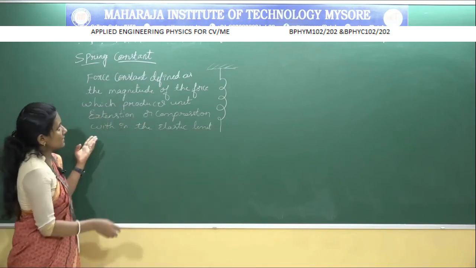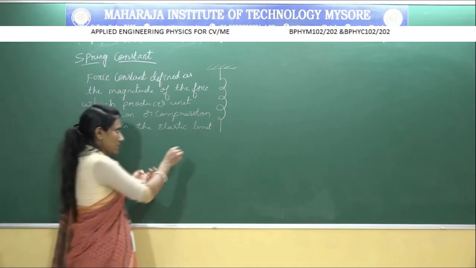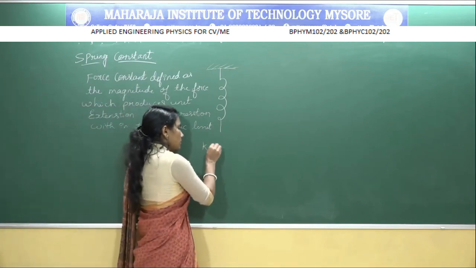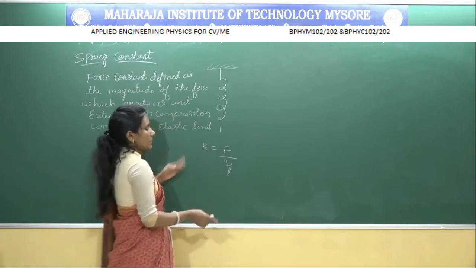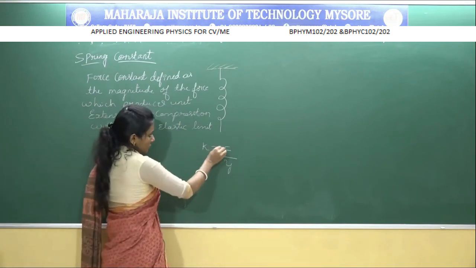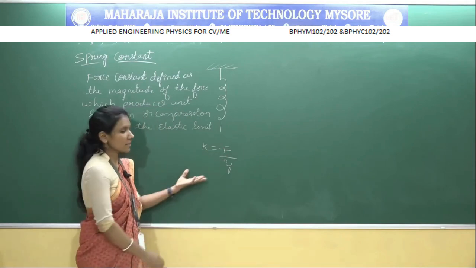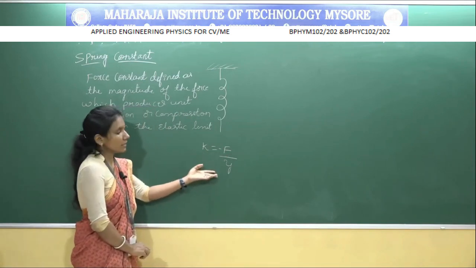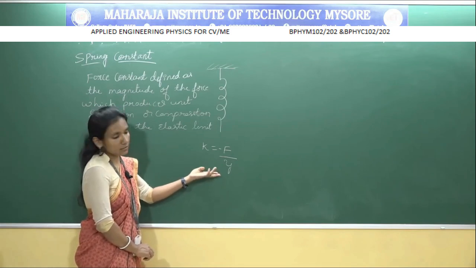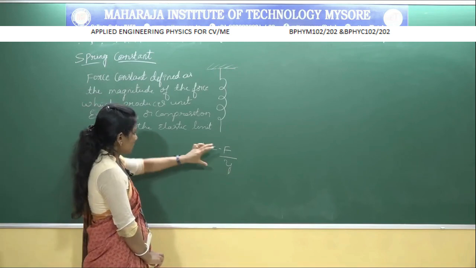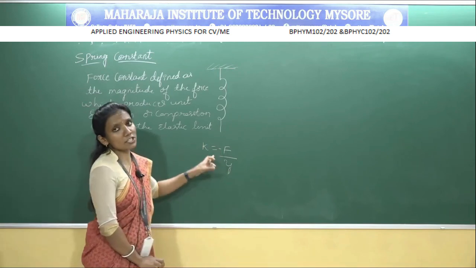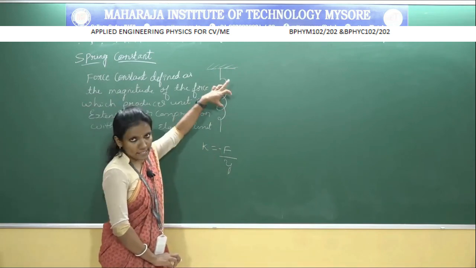We know that the spring constant is force per unit displacement. If we ignore the negative sign, whether it is compression or expansion, generally k is equal to force per unit displacement, in terms of extension or compression within the elastic limit.